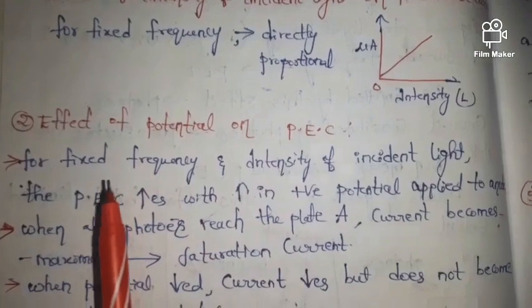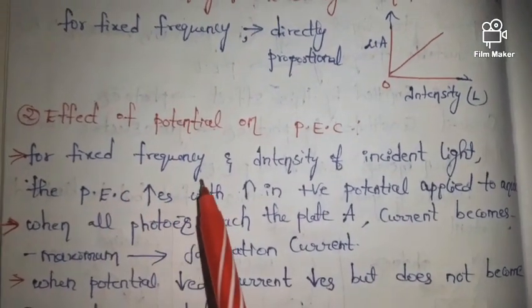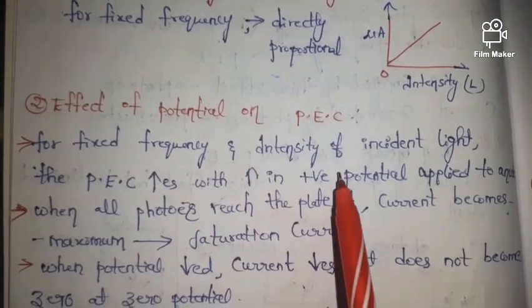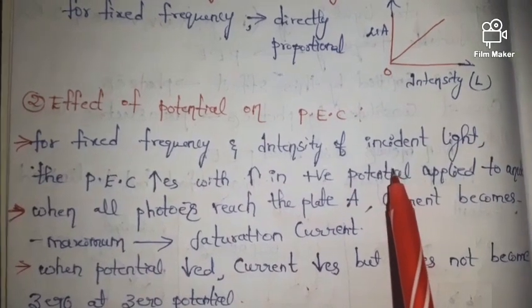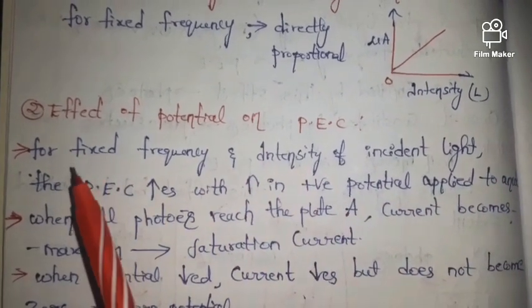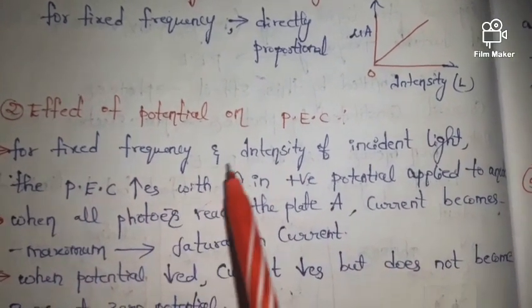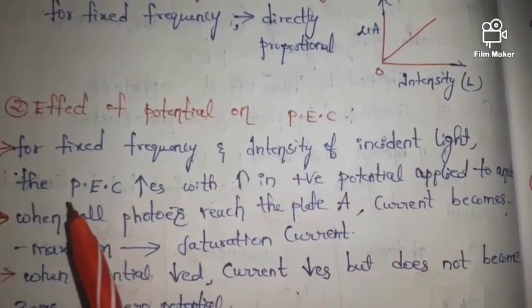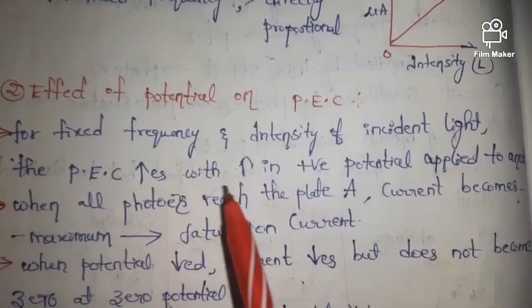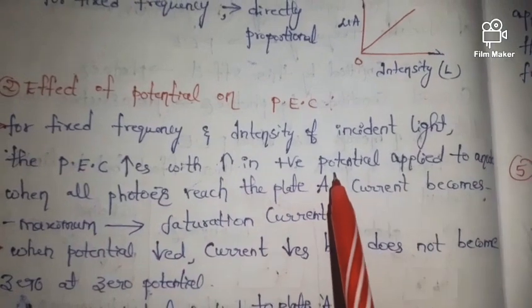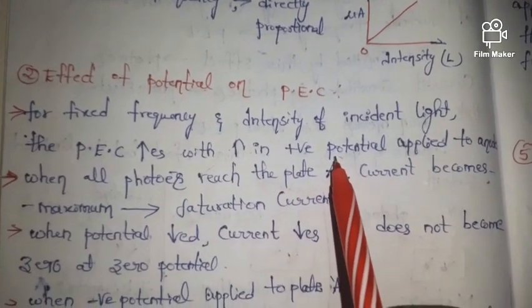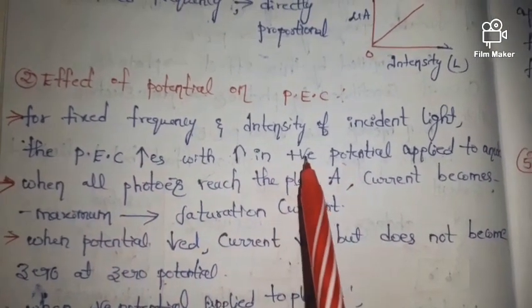Here also, for fixed frequency and intensity of incident light, both are fixed. The photoelectric current increases with increase in positive potential applied to anode. Here these two are directly proportional.